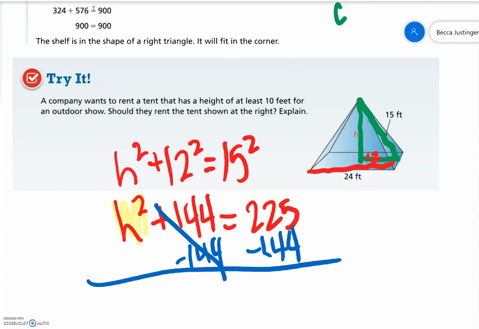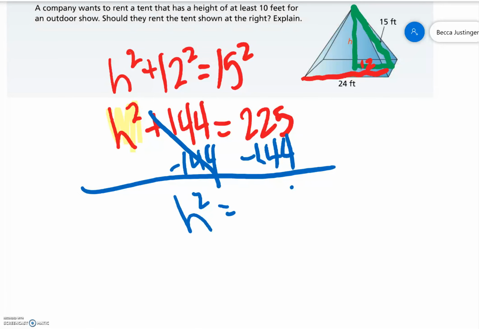It's canceled. We get h squared equals 81. Take the square root. You get 9.